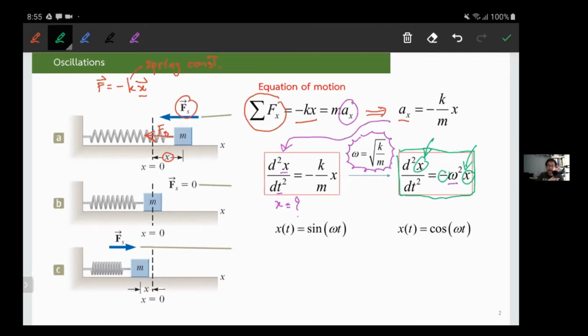Now go back in your life. The functions that you have studied since maybe middle school are polynomials, logarithms, exponentials, and trigonometric functions.